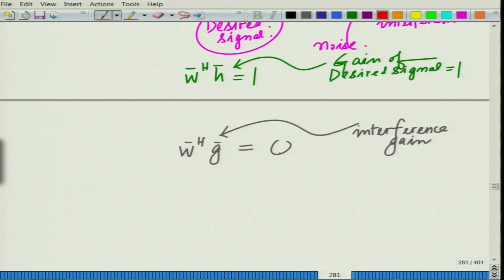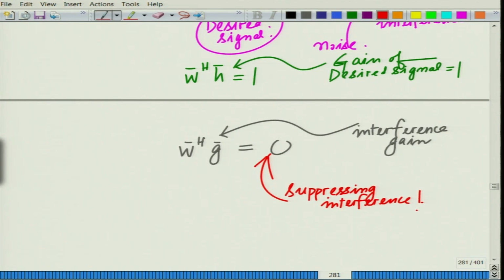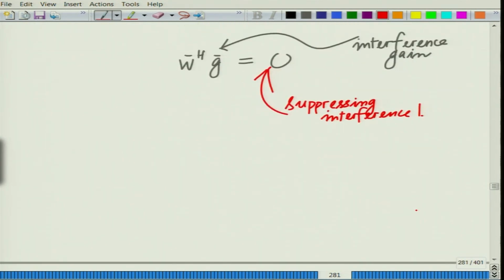Now, by setting it equal to 0, you are suppressing the interference. W bar Hermitian g bar equal to 0, you are suppressing the interference.